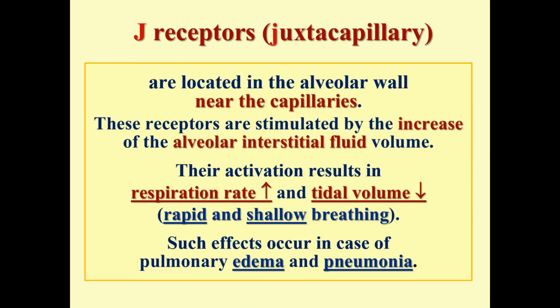Inflammation usually is accompanied by more or less expressed edema as well. So lung edema produces rapid and shallow breathing. Theoretically, it may also be somehow protective because it increases the loss of water vapors from the surface of mucosa and lung alveolar surface, and so it may contribute to decreasing the interstitial fluid volume, but not very effectively, of course.